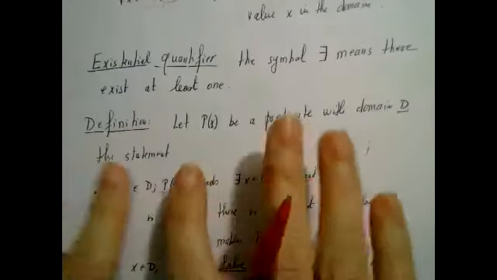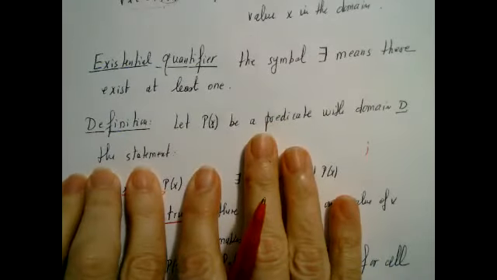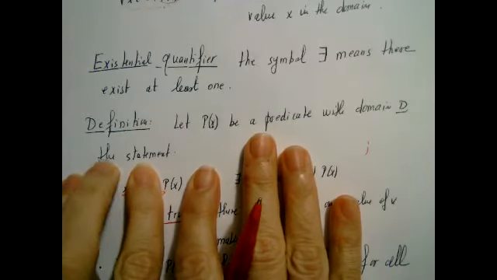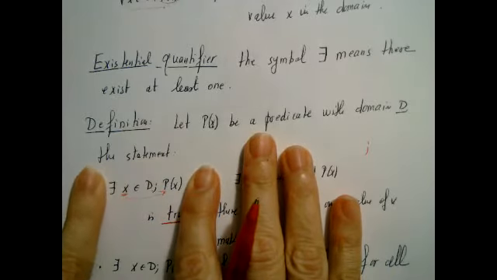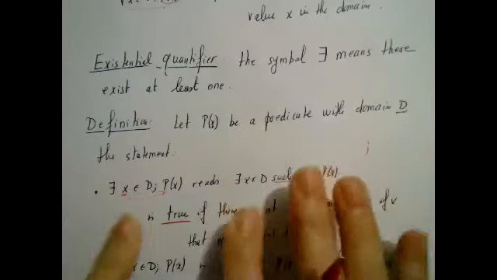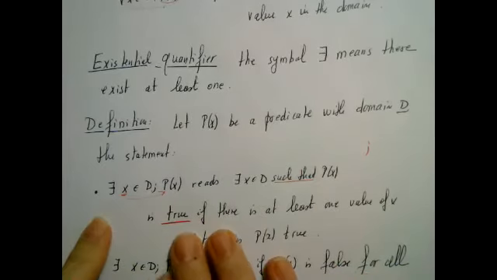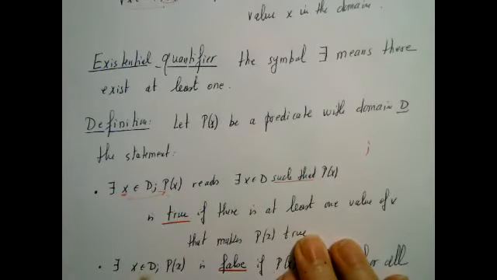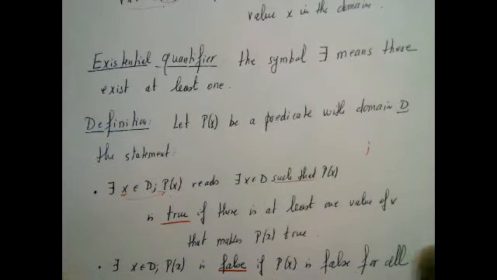I repeat, P of x by itself is not a statement because it's neither true nor false. When I tag a quantifier to it, then I make it into a statement. It means it has a value, true or false. True if one x makes it true, false if every x makes P of x false.